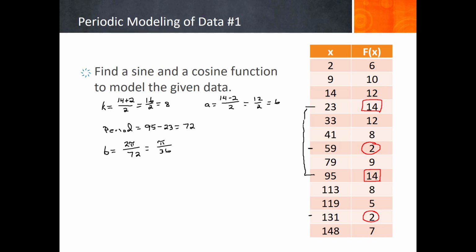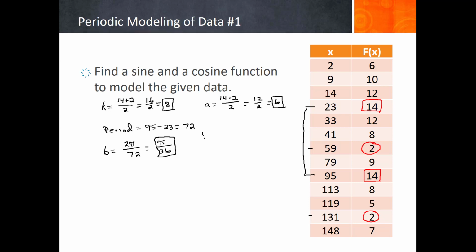One thing to point out: the midline, the amplitude, our value for b, and the period are all going to be the same regardless of whether you're doing sine or cosine. Those values in our equation don't change regardless of which equation you're going with. The starting values do.